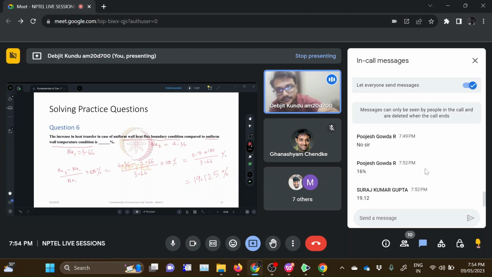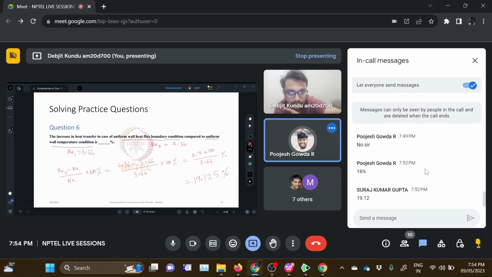So the person who got 16%, you took Nu2 in the denominator, right? Yeah. So here the language of the question is of importance. It says compared to uniform wall temperature condition. So it's the uniform wall temperature condition which has to be the reference point for this, and there is an increase from that reference point.